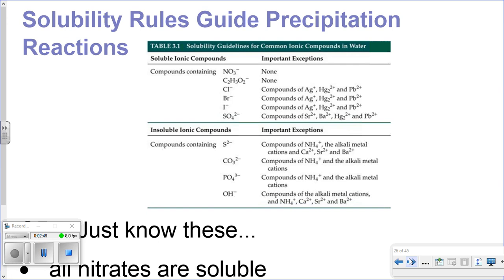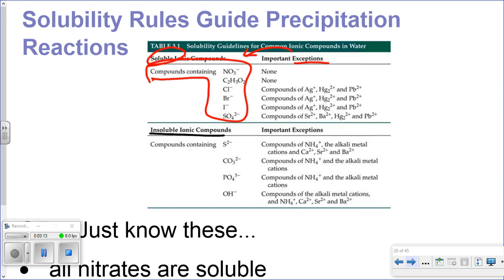These are not to be memorized, but here is an example of a solubility chart. They come in different forms. Sometimes you just have a bunch of rules. This one says these are all soluble, here are the soluble ones, and here are exceptions to these. Now it flips it on you.